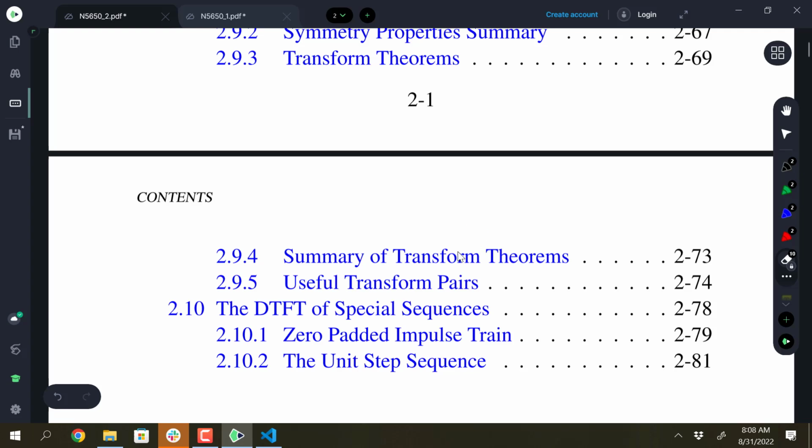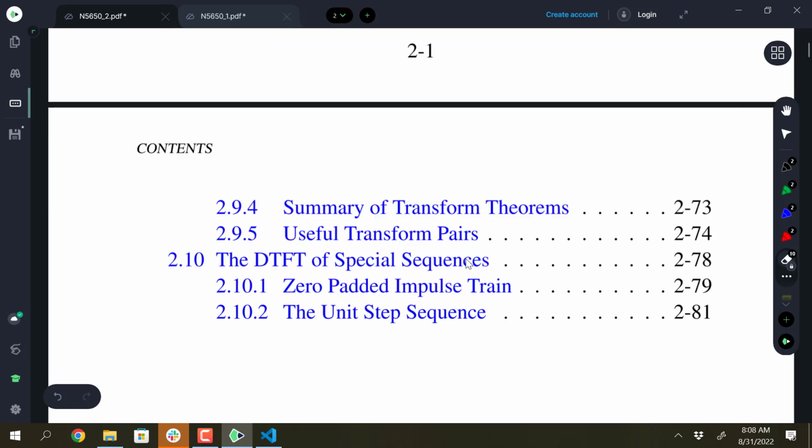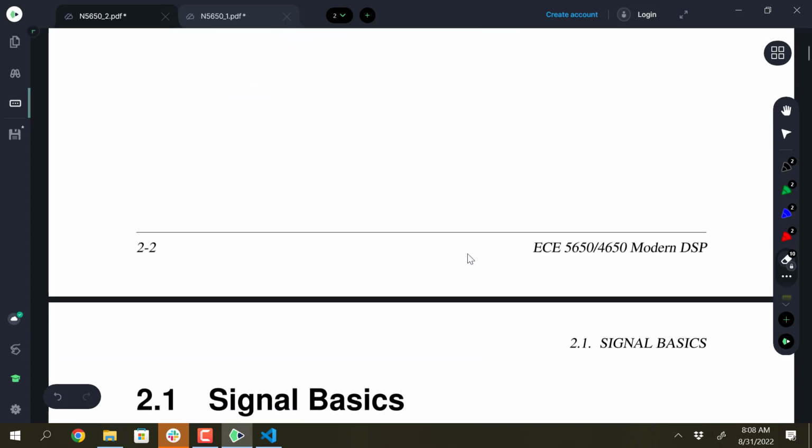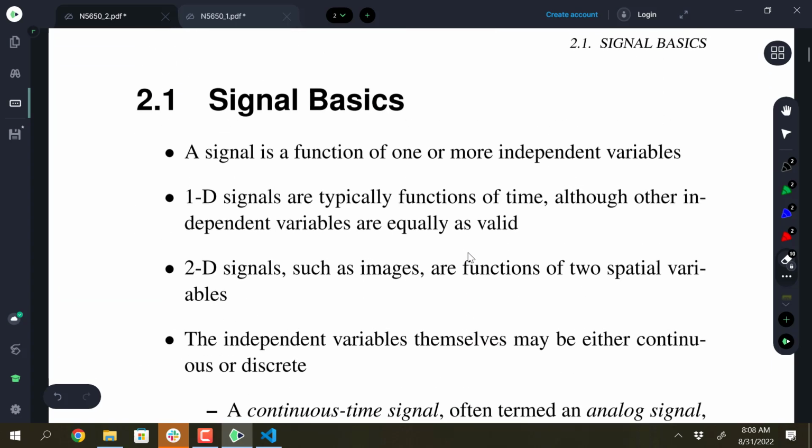I'm not on a web browser, but if you were browsing this live or I downloaded it, these would all be links. But on this tool that I'm using to write on, I don't have the links working. So signal basics is what we're going to go over just to get into this quickly.